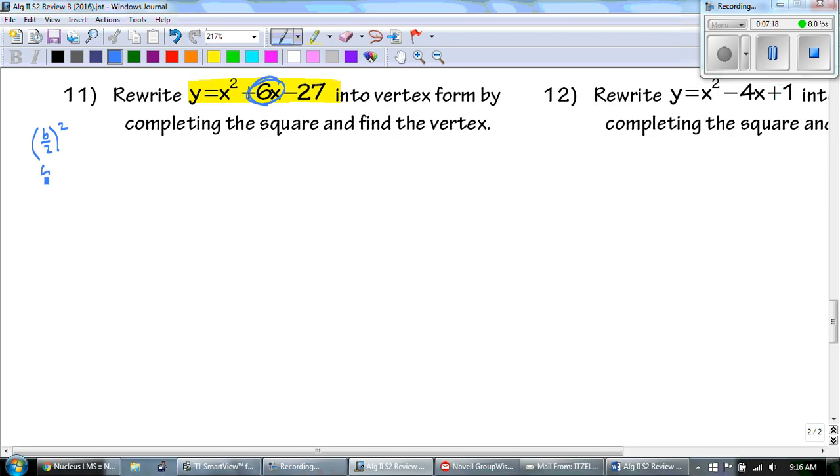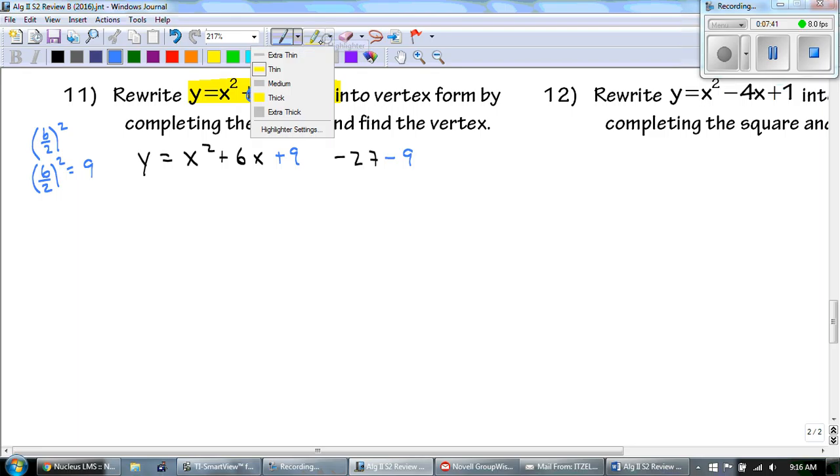So I have 6 divided by 2, which is 3, and 3 squared is 9. So as we're writing this, we would say x squared plus 6x plus 9, and then we would move that negative 27 and then negative 9 to the other side.